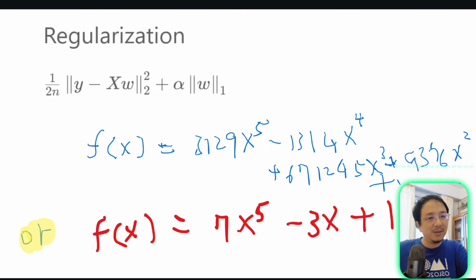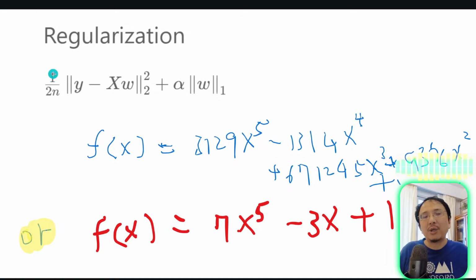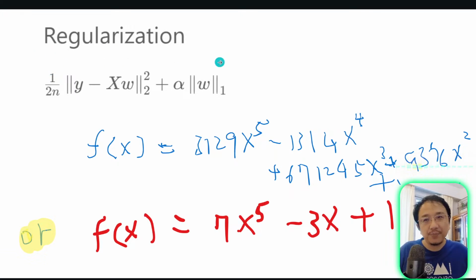At least you have to have some assumption. But in the real world case, most of the time, we don't have a very explicit and clear assumption. So a lot of things are heuristic. So one way to do that is regularization.